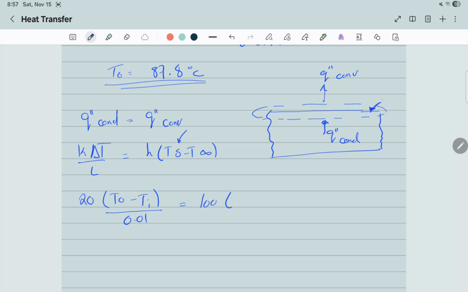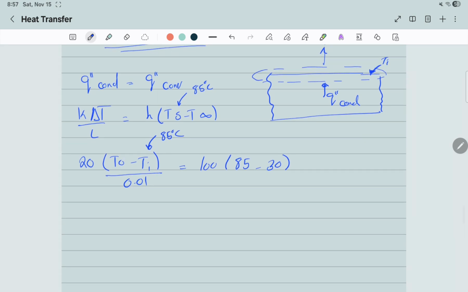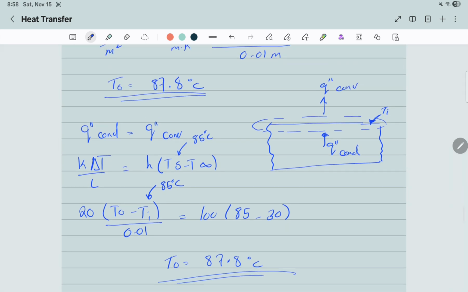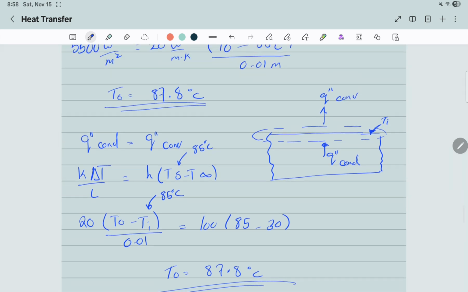The convection surface is Ti, which is 85 Celsius, minus 30, which is the temperature of the air. This here is 85. And you'll get the same answer. To equals 87.8 Celsius.